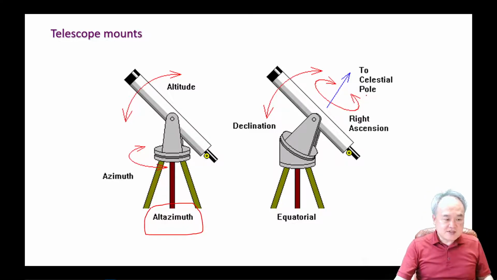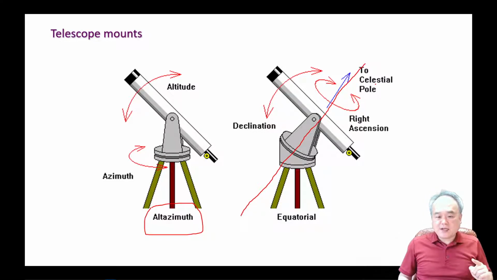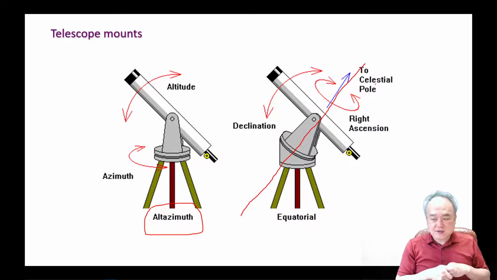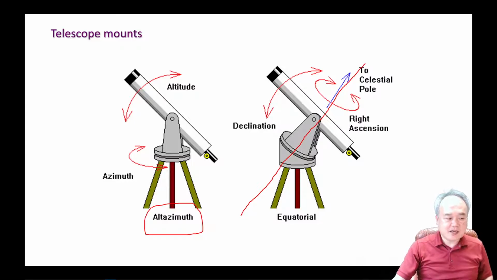That means the telescope mounting pole that holds the telescope tube needs to be aligned perfectly with the Earth's rotational axis, parallel to the celestial North Pole and South Pole. In the northern hemisphere, this pole needs to point very accurately to the North Pole.